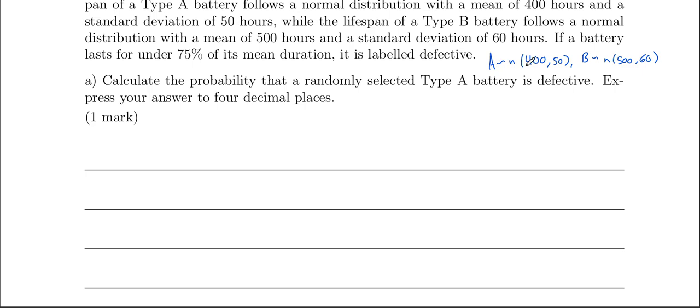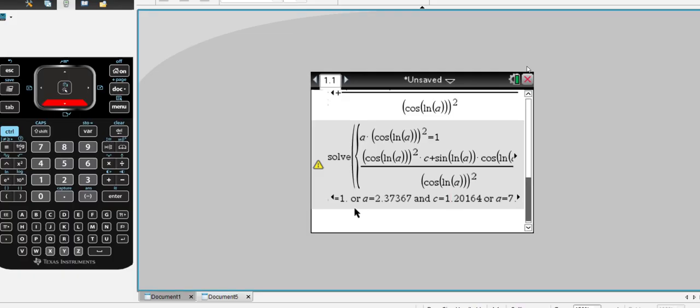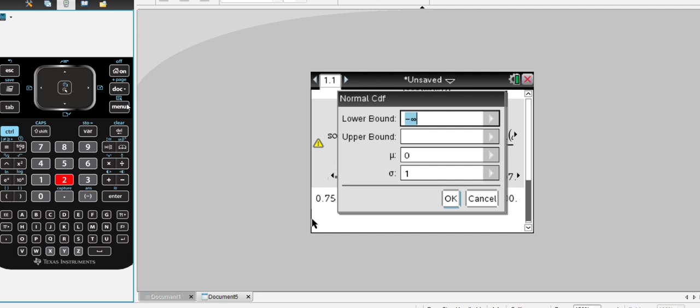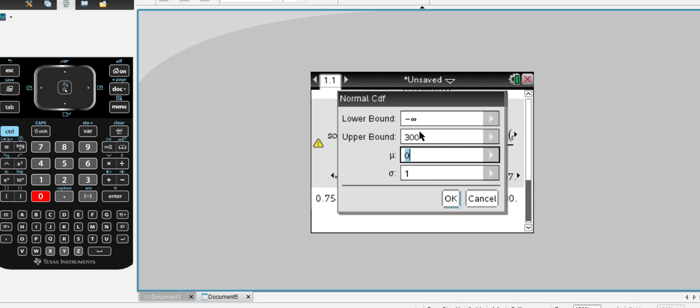So we need to find what's 75% of 400. 300. Therefore, if the battery is less than 300, then it's defective. So we're going to go menu 552, lower bound negative infinity, upper bound 300, mean 400, and then 50. Yep.